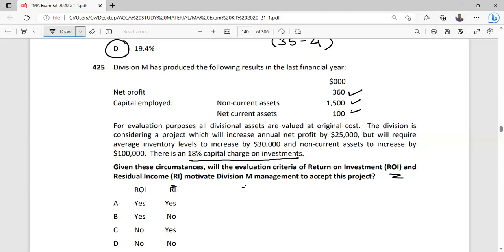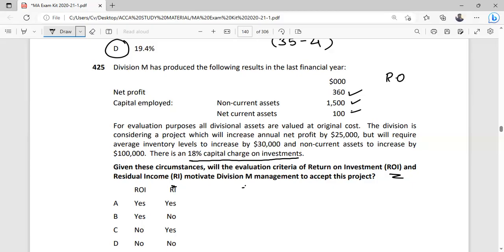Okay. For the acceptance purposes, we need to know what we were earning already and what we will earn after this investment. So our net profit is what? Our net profit is 360 and already we have assets of 1600.